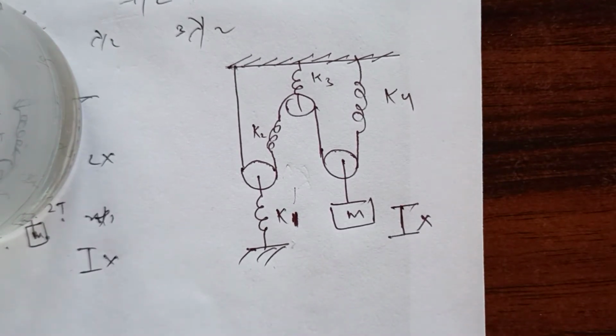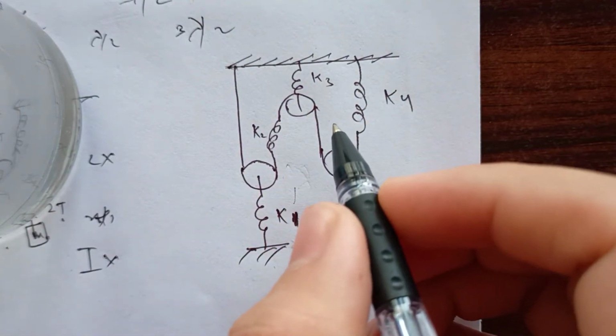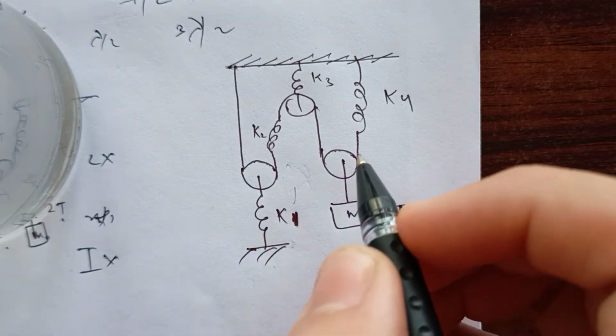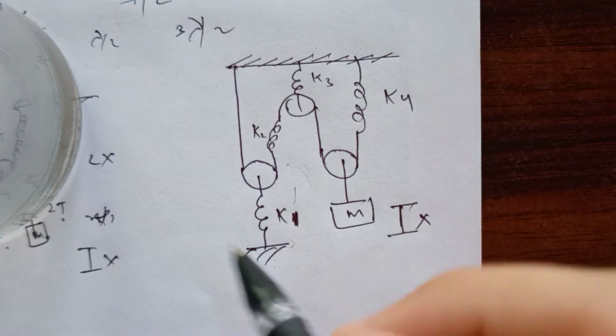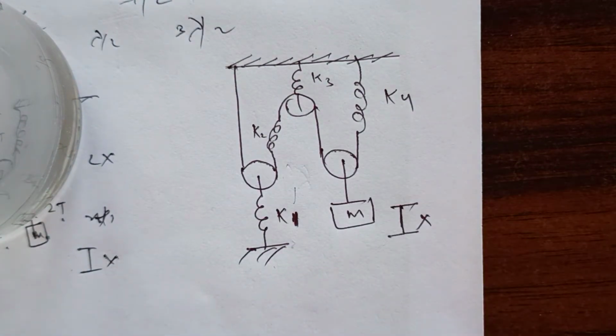There is one method, which is net tension dot distance equal to 0, because the net work done in this system would be 0, so the only work done here would be by tension. But I'm not going to use that trick because it sometimes fails, and I'm going to use a conceptual approach towards this question.